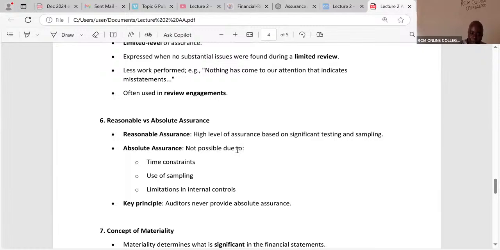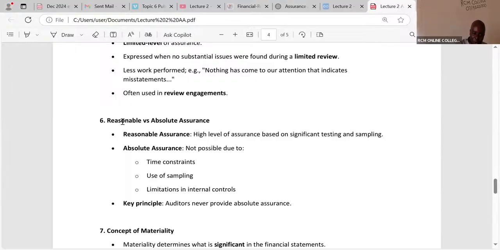It's not possible due to time constraints, use of sampling, because I'm not doing a census, I'm doing sampling, and limitations in internal controls. Key principle, auditors never provide absolute assurance, never. We normally provide what we call reasonable assurance.